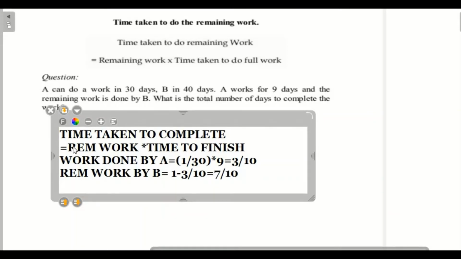What do we have to find? We have to find the time taken by B to complete the remaining work.